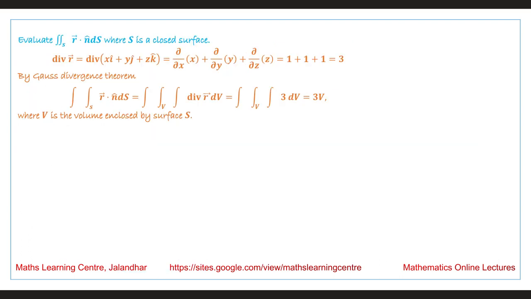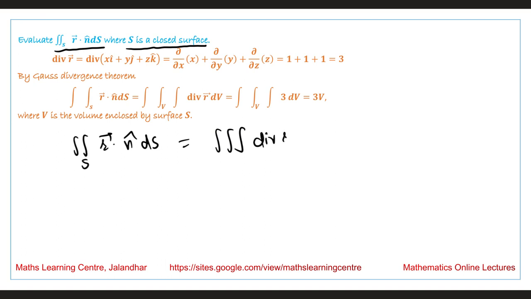Now next we have to evaluate the double integral of r vector dot n cap ds, where S is a closed surface. We use the divergence theorem. The integral of r vector dot n cap ds is equal to the triple integral of divergence of r vector dv.